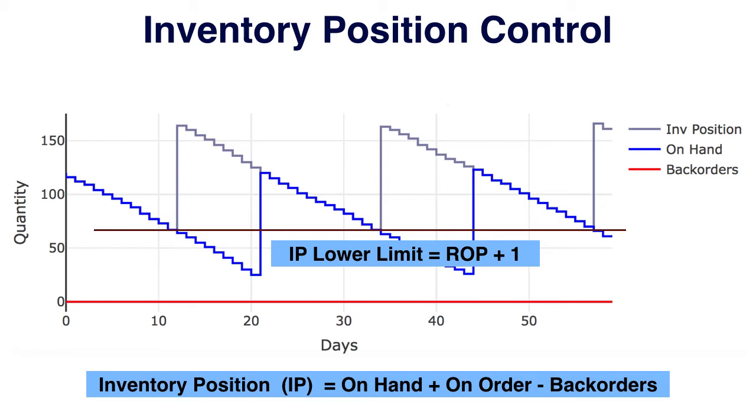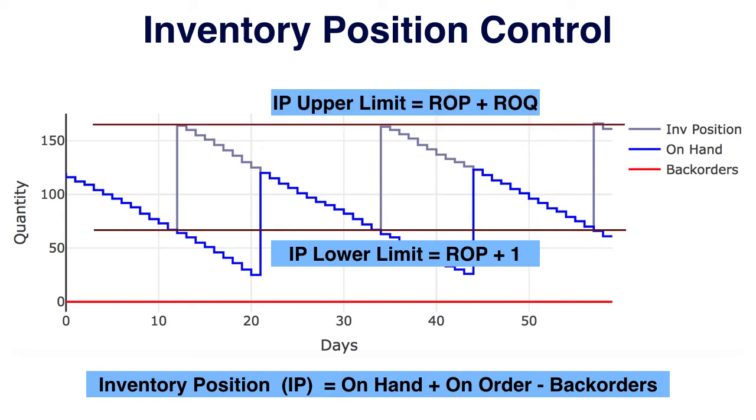ROP plus 1 is just the safety there, but you can say at ROP, you place an order. And because you place an order for an amount of ROQ, the reorder quantity, the inventory position will never exceed ROP plus ROQ. That's about it, and that's how you control the inventory position.